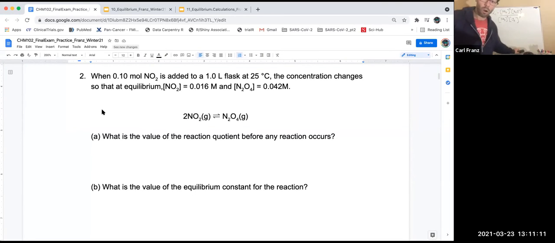So all we're doing is writing out what we're given. We're just given the concentration of nitrogen dioxide, not dinitrogen tetroxide. So the initial concentration is 0.10 moles per 1 liter, which is just 0.1.